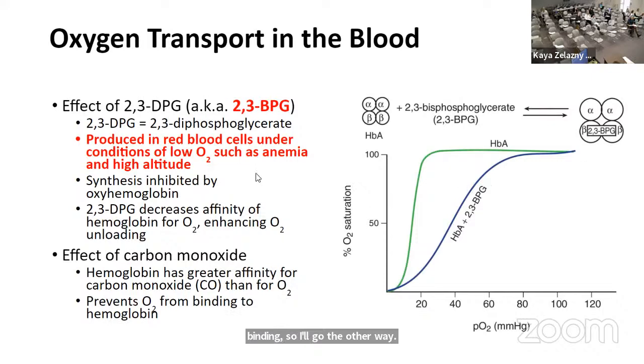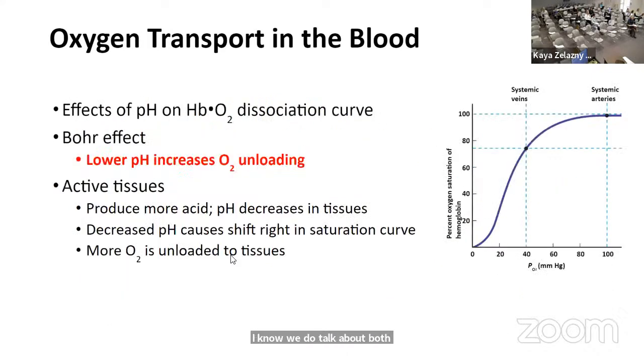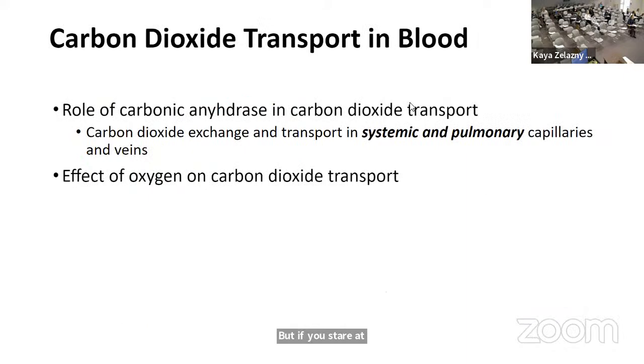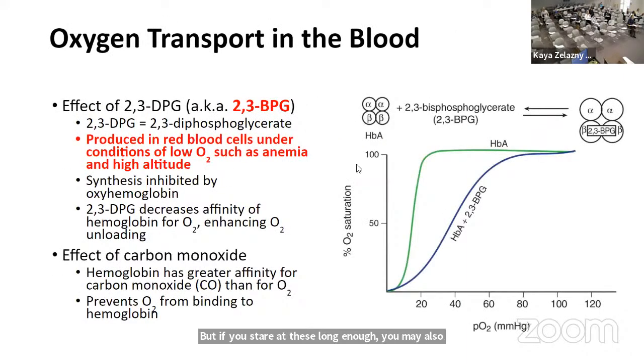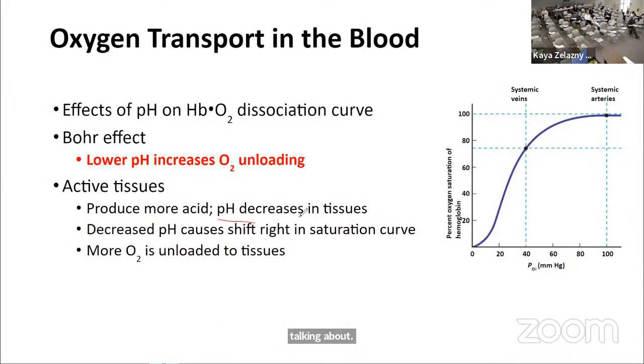A note, we do talk about all three of these effects. Usually we're talking about a rightward shift when we're focused on the tissues. But if you stare at these long enough, you may realize that if you do the opposite, you can have a leftward shift. If we go back to the Bohr effect, when pH goes down and we produce a lot of acid, we had a rightward shift.